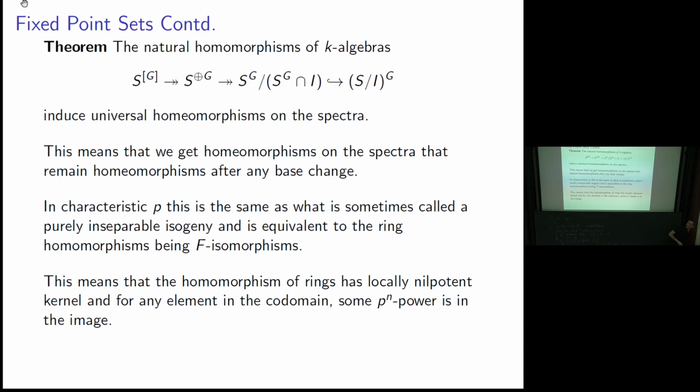Then there's the one at the right. What happens at the right? You take, say, y plus I, and you want to lift it to something in S that's invariant.